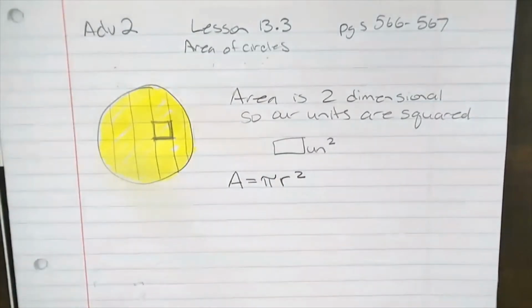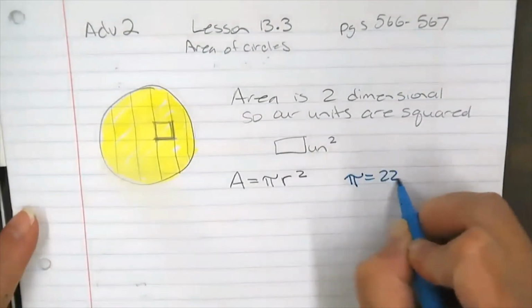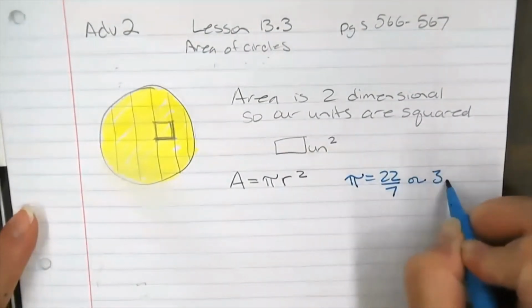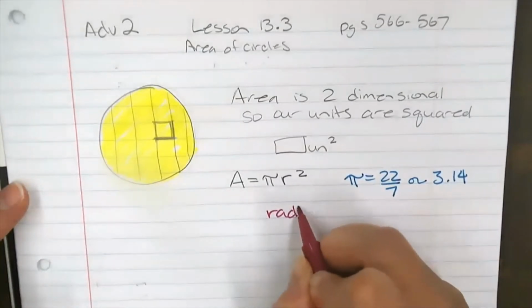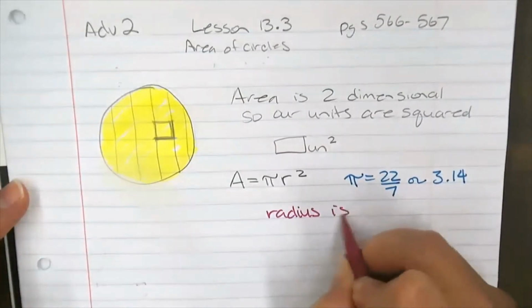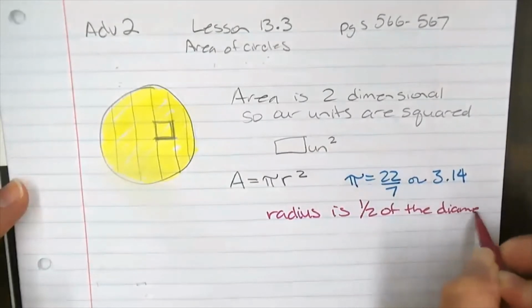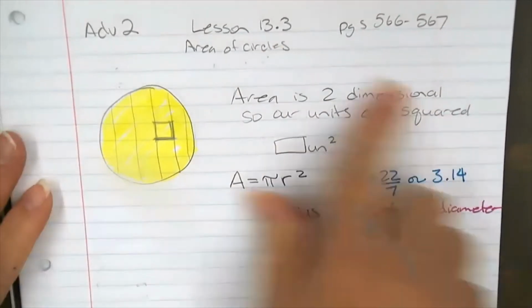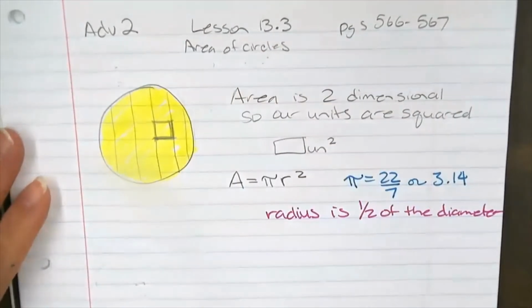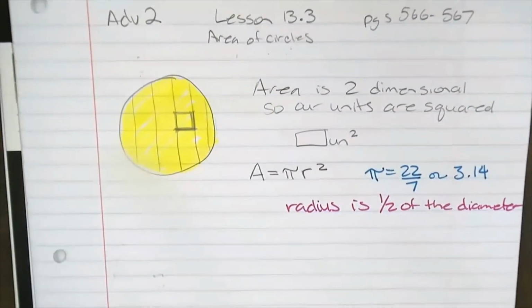And some things that we need to remember: pi is equal to 22 over 7 or 3.14, and the radius is half of the diameter. Okay? So this is the nuts and bolts of today's lesson. These are the things that we need to remember. So let's put it to some use.